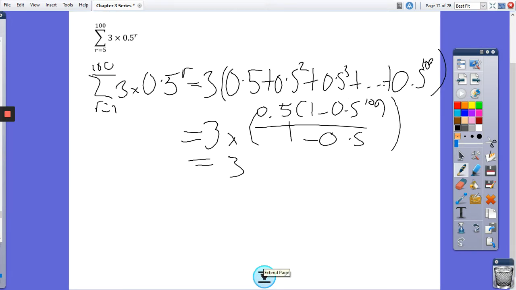Then, if we work out this between 1 and 4, you've got 3 times 0.5 plus 0.5 squared plus 0.5 cubed plus 0.5 to the 4. Maybe in the background you can hear a toddler playing about, and sorry about that if you can.